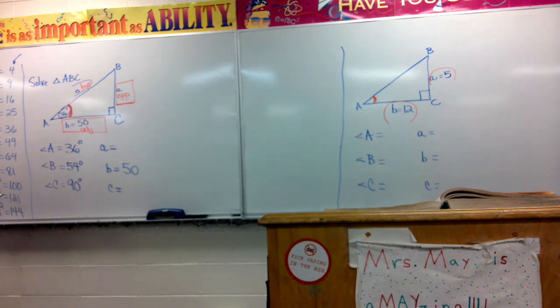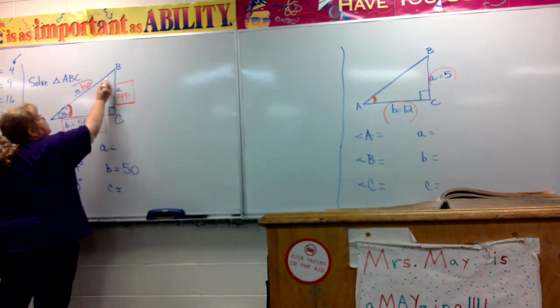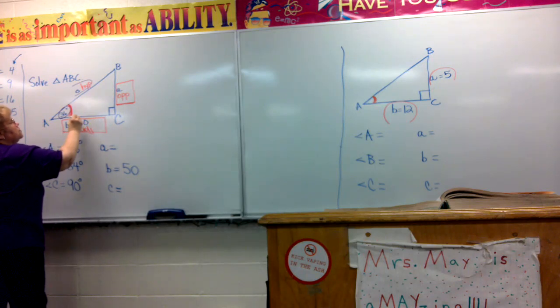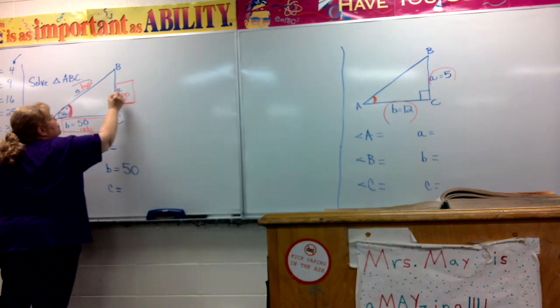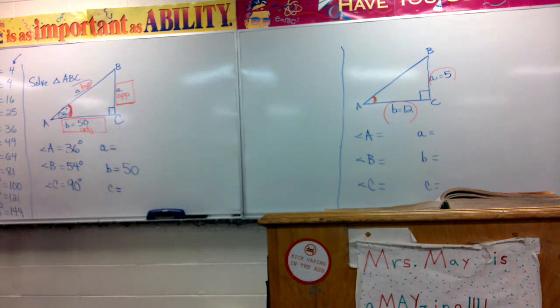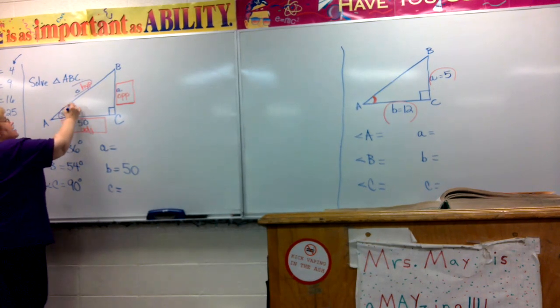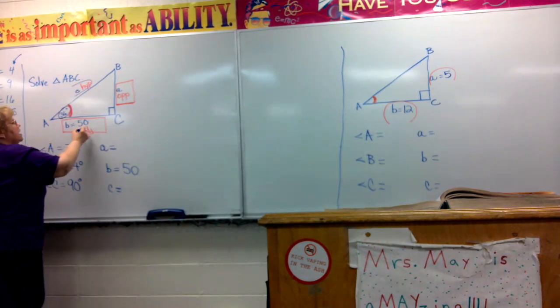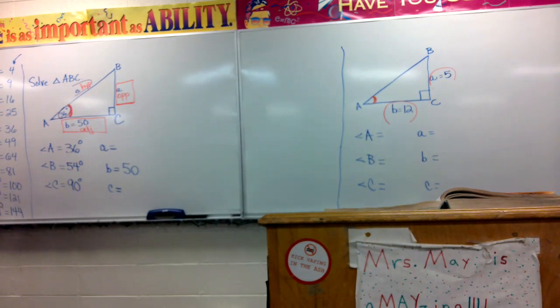I can use whatever angle I want. If I want to use angle B, though, then when I label it, this is going to be my opposite, and over here will be adjacent. You just have to label it according to what angle you're using. So for angle A, A is the opposite, and 50 is the adjacent.